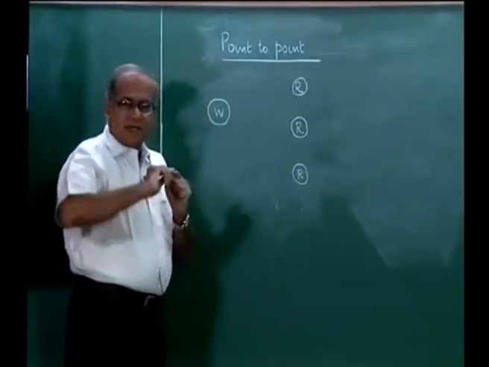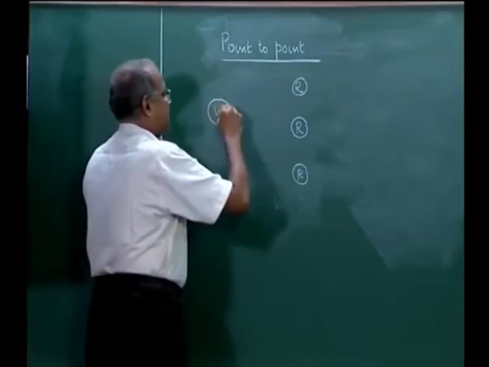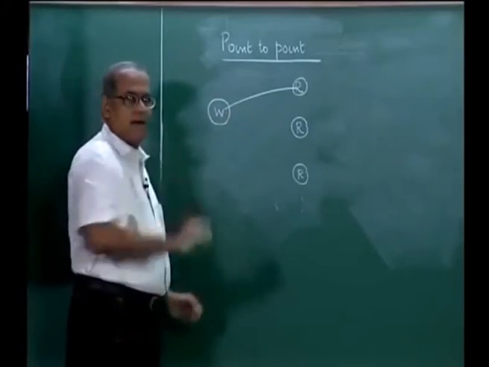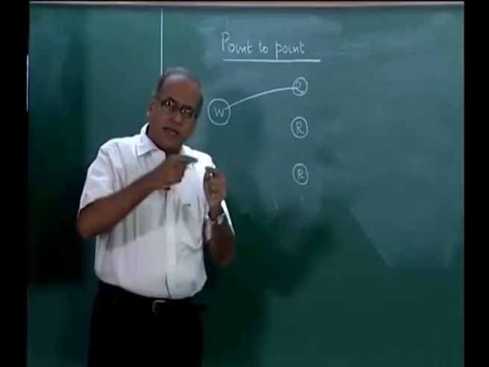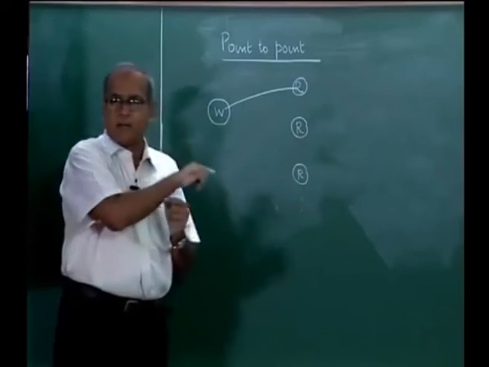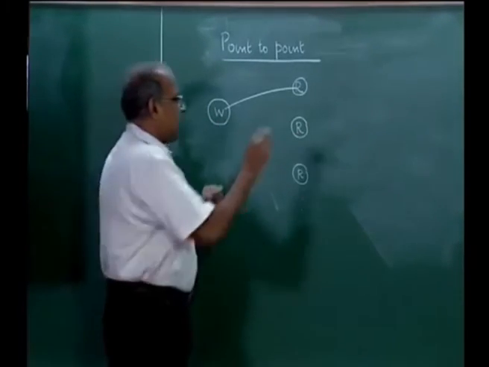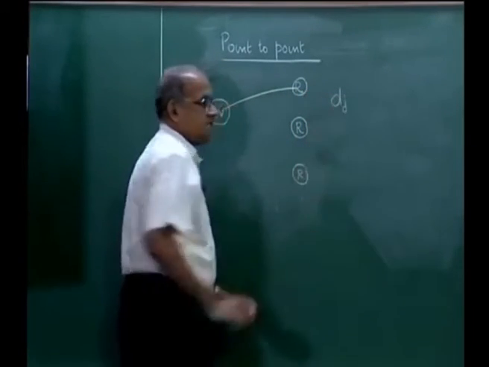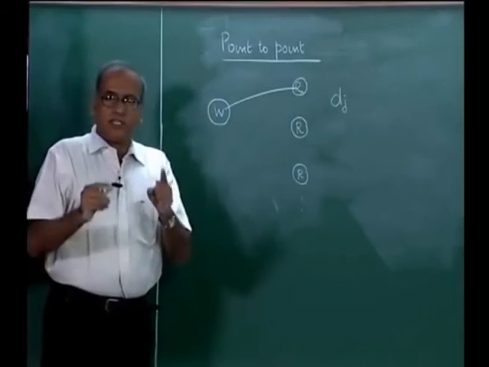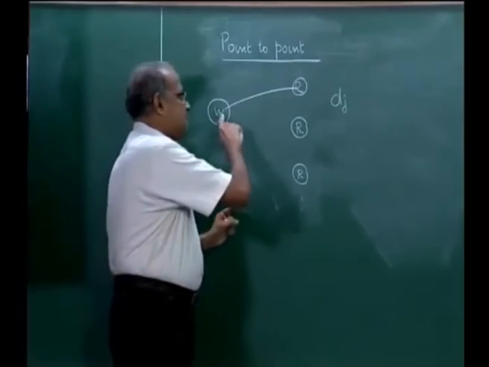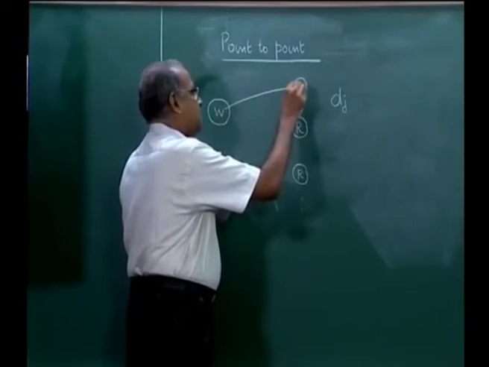Now we will assume that there is a truck which goes from here point to point, it goes to the retailer and comes back, and then it can go to another retailer and come back, and a third retailer and come back, and so on. So, let us assume that for retailer j, there is a distance of dj which the truck covers, let us say both ways put together, which is this into this plus this into this.